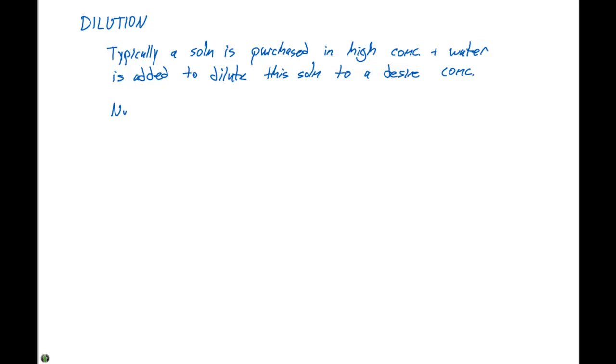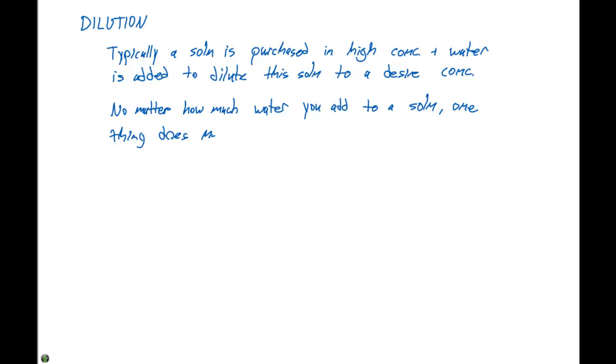So no matter how much water you add to a solution, one thing does not change, and that is the moles of solute.